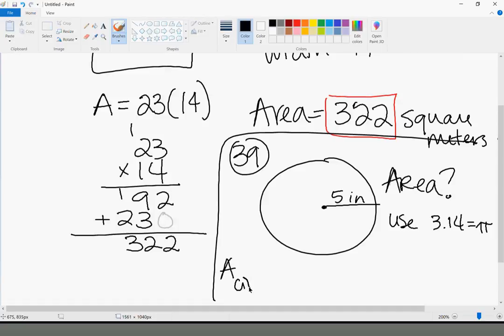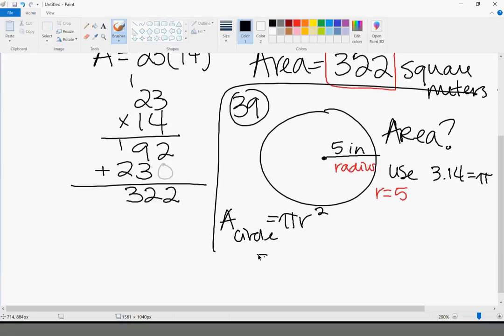So the area of a circle is pi r squared. So r is the radius. So in this case, r is 5. And we're going to use 3.14 for pi. So it's going to be 3.14 times 5 squared. So we're going to do the exponent first. 5 squared is 25. So it's going to be 3.14 times 25.